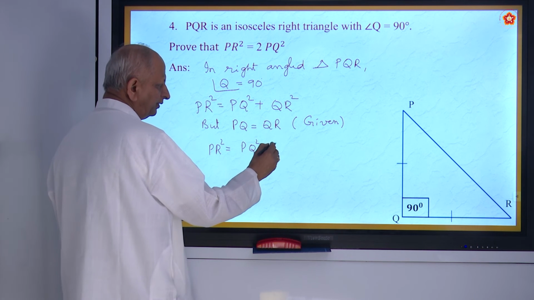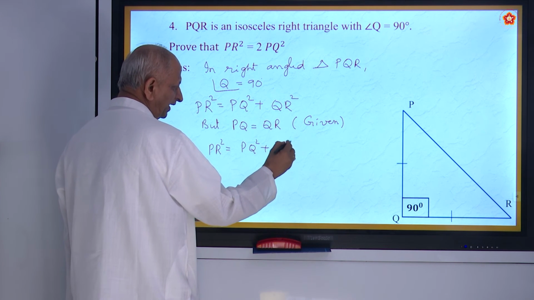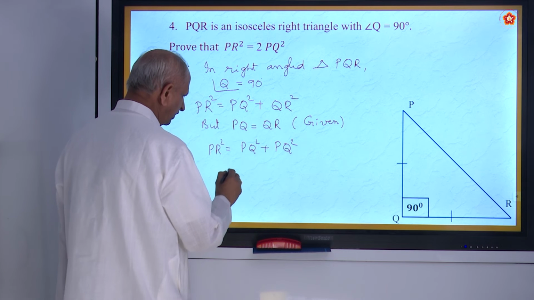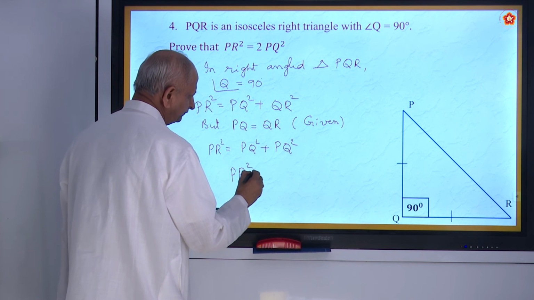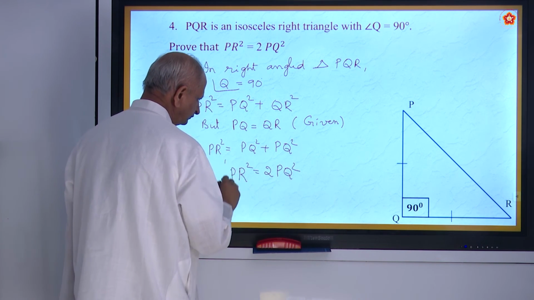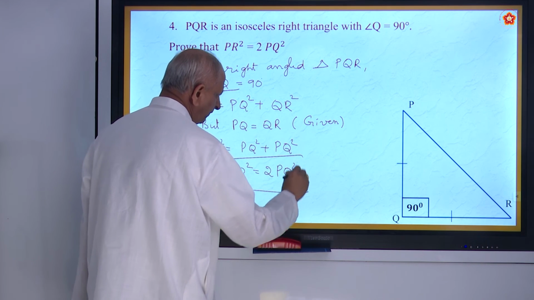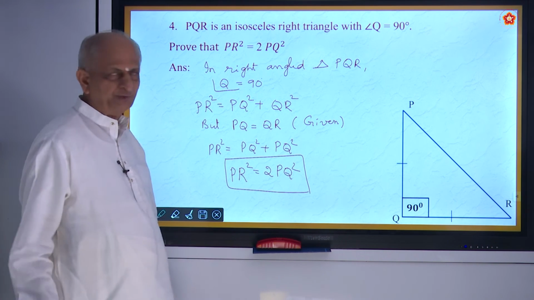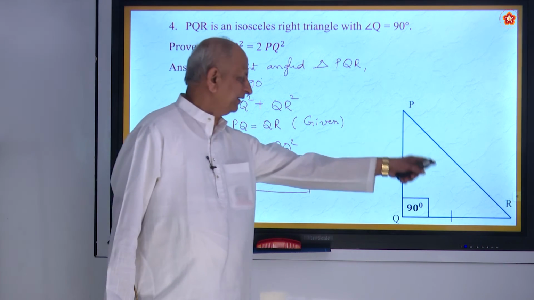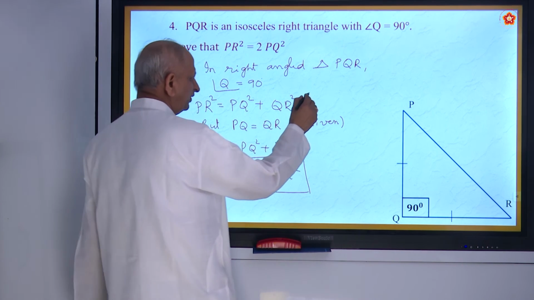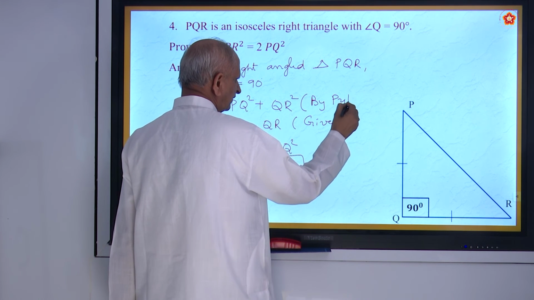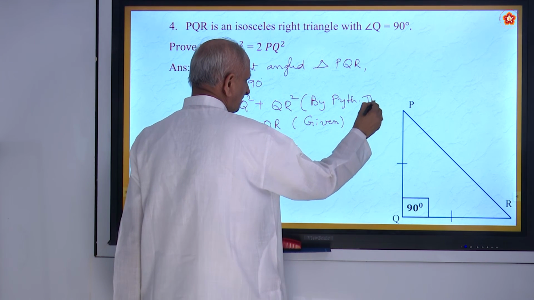Instead of QR, you can write PQ, correct? Because both are equal. So you get a beautiful answer: 2 times PQ square. This is to be proved. So simple, provided you know the theorem correctly. So you must give the reason also here: by Pythagoras theorem.